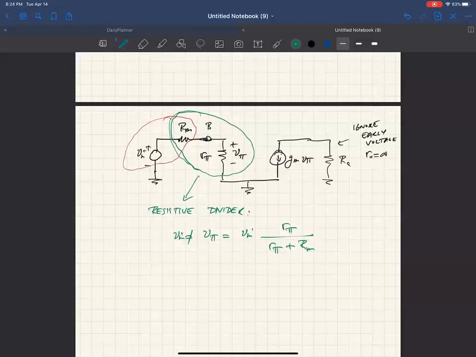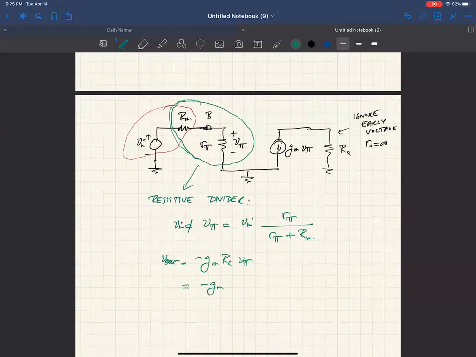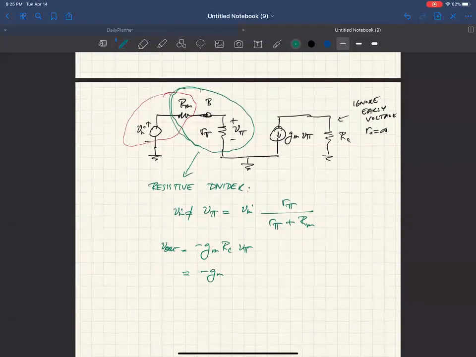And then we have our old equation, which is V out is minus gm R sub C V sub pi. So the gain is minus gm R sub C, times R sub pi over R sub pi plus R sub m.